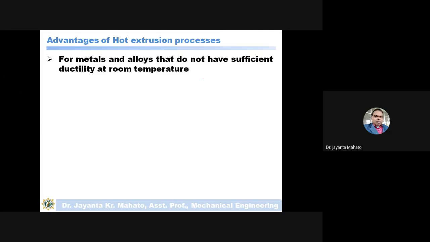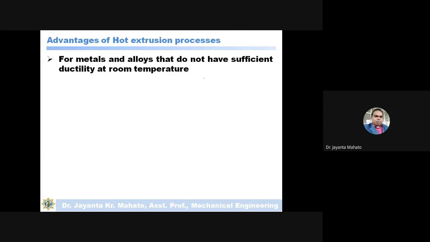But steel is not a very good ductile material like copper and aluminum. Even cast iron is not a good ductile material. So by this hot extrusion process, those materials can be extruded.